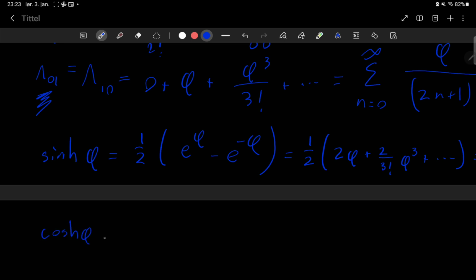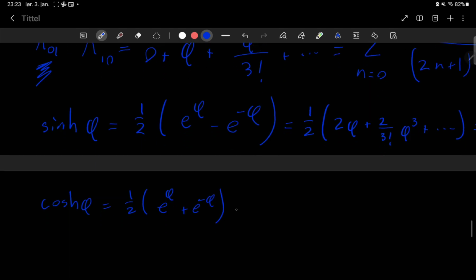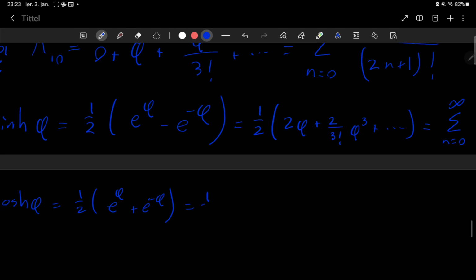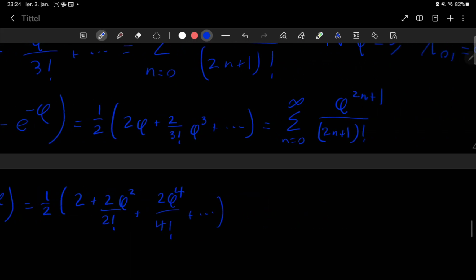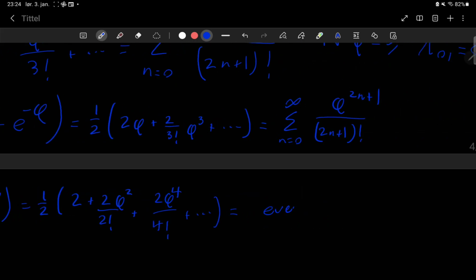And for cosh, odd terms die, so we just get the even terms from the sum of their Taylor series instead of doing anything fancy: 2 from the constant terms, and then 2 phi squared over 2 factorial, and so on. It is even.